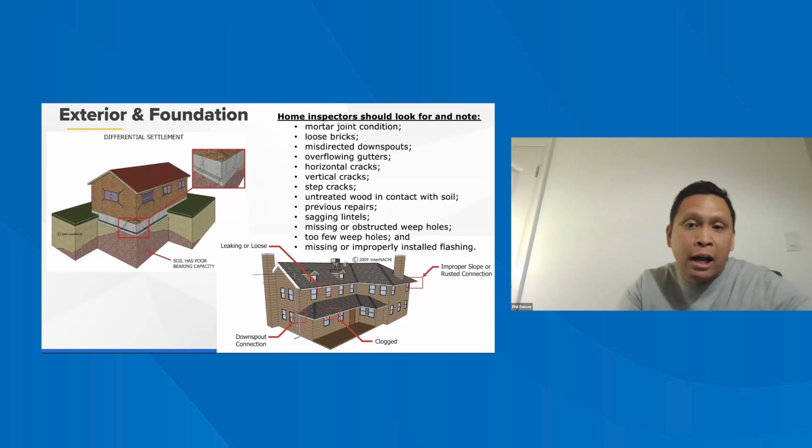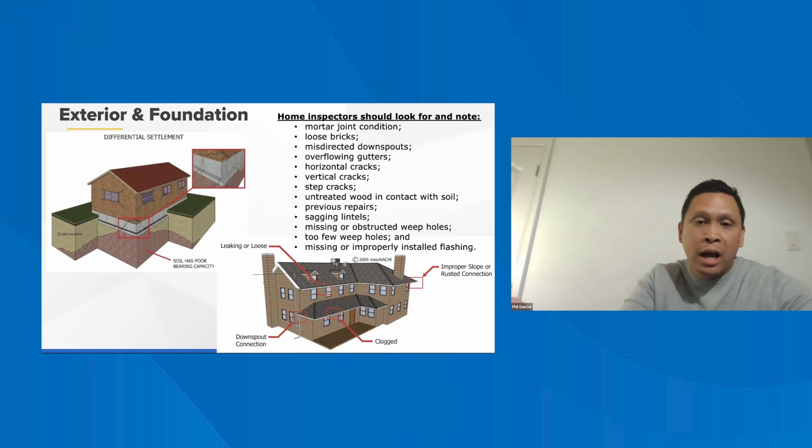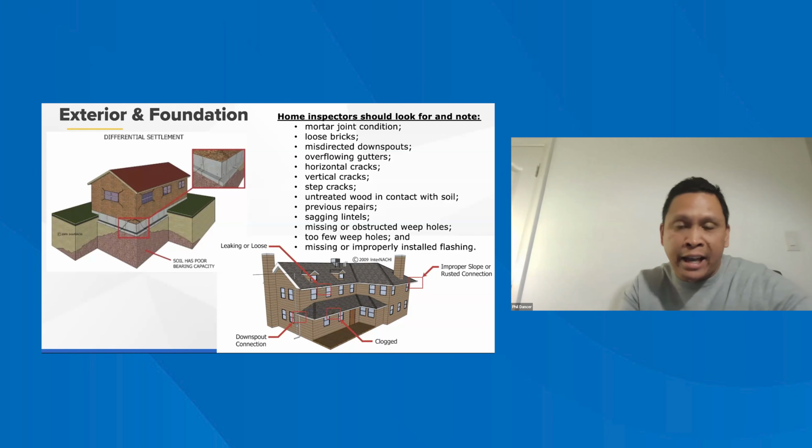Sagging lintels. So if you've got a large opening around, let's say, a window, or a garage or a door, and they've got, let's say, a full bed of stone, that's just very, very heavy. If you see it sagging naturally, that's not great, because it's helping to transfer the load around that large opening. Missing or obstructed weep holes.